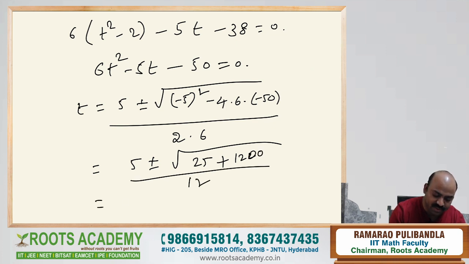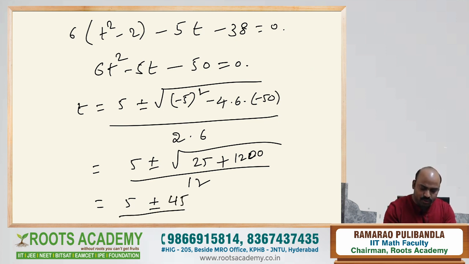What is 1225? It is 45, right? I think it is 45. So 5 plus or minus 45 by 12, so I'll get 50 by 12, or one more thing is minus 40 by 12.